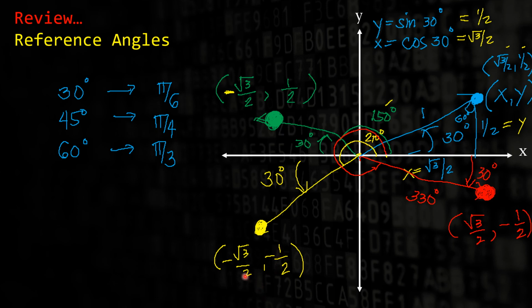Also, when you are asked for the two values which are negative square root of 3 over 2, then you are referring to 150 degrees and 210 degrees. So that is the implication of reference angles as we move to solving equations. The same thing will happen to 45 degrees and 60 degrees, but we are just reviewing reference angles.